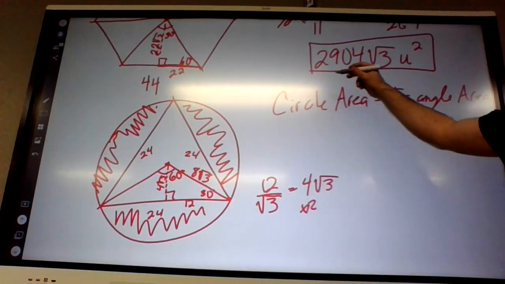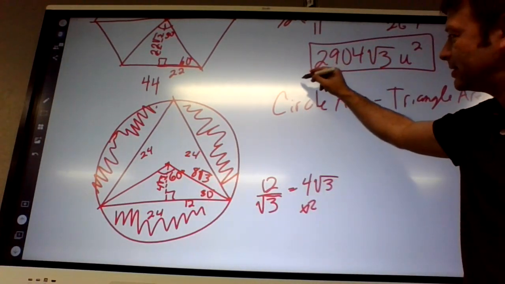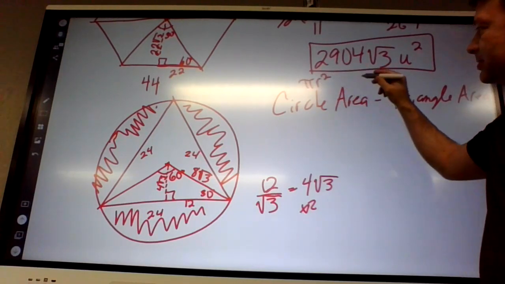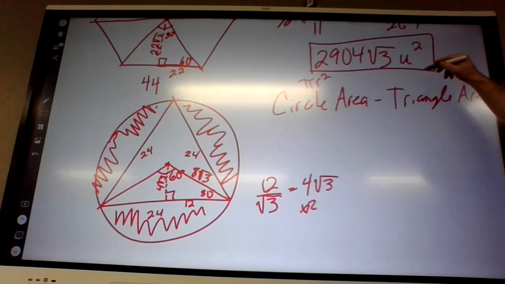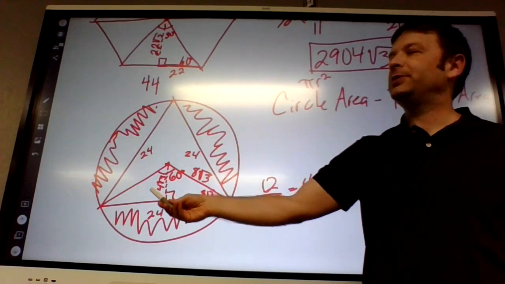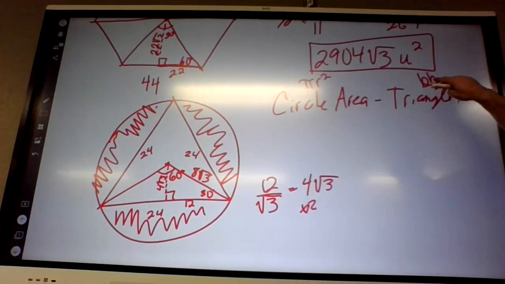So, circle area. How do I find circle area? You guys know it yet? Pi r squared. Triangle area. Well, base times height divided by 2, but since it's a regular triangle, you can do 1/2 apothem perimeter.